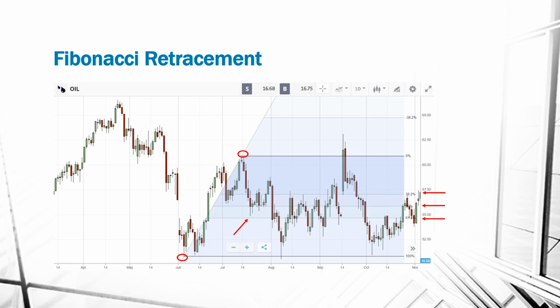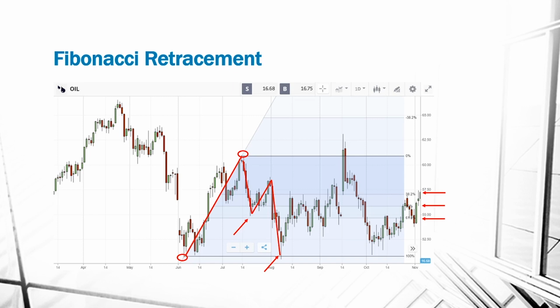So here we have some points that hit 61.8%. We have a bullish movement, and then we have a bearish movement to the 61.8%. Then we go up again, and then we break the 61.8% level, and we go all the way to 100, for example.